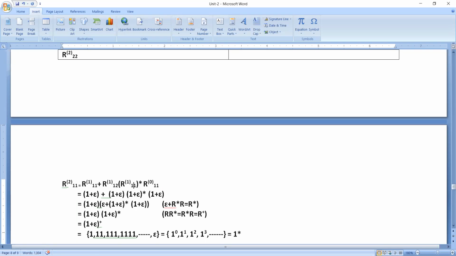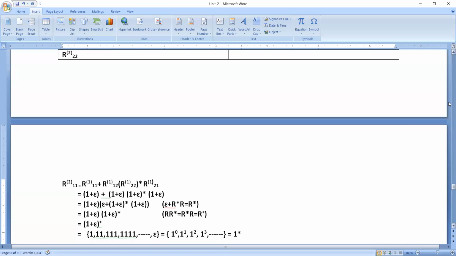So this will be 22, and then here it will be kj. So k is 2 and j is 1, and here you will get power 1.